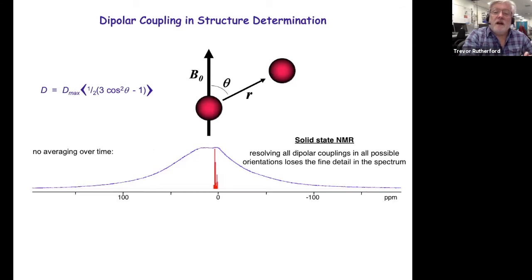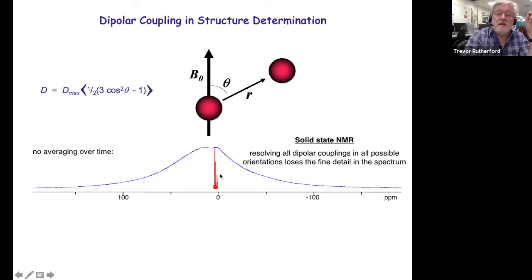And for molecules in solution, this averages away to 0. We don't see direct evidence in the spectrum immediately from the presence of dipolar coupling. If we don't exchange the molecule between the different orientations, in other words, if you've got it in the solid state, you will see that we resolve all of the possible orientations for this coupling, and the spectrum broadens out into this blue line.